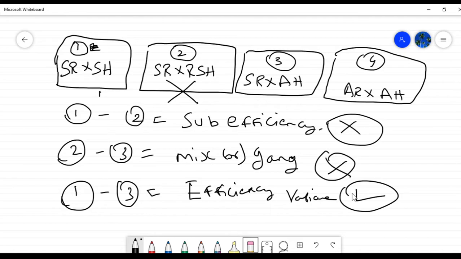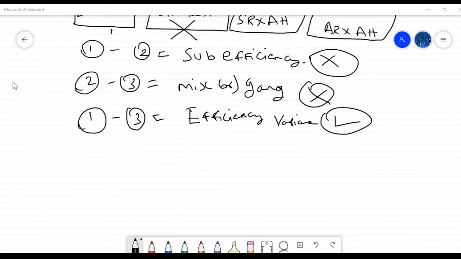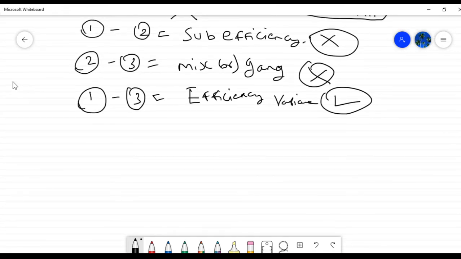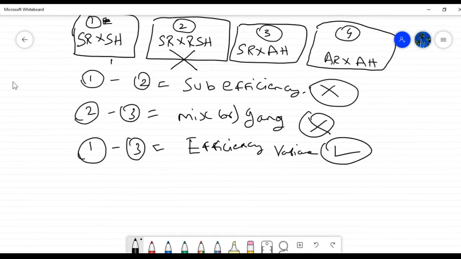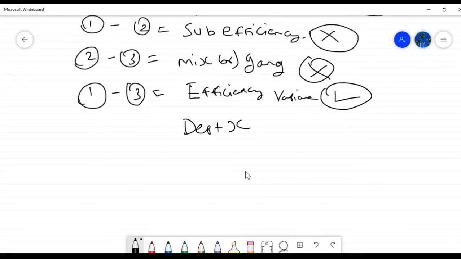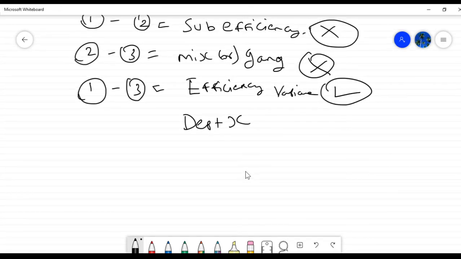Then, continuation. Continuation for department X. What is SR for department X?